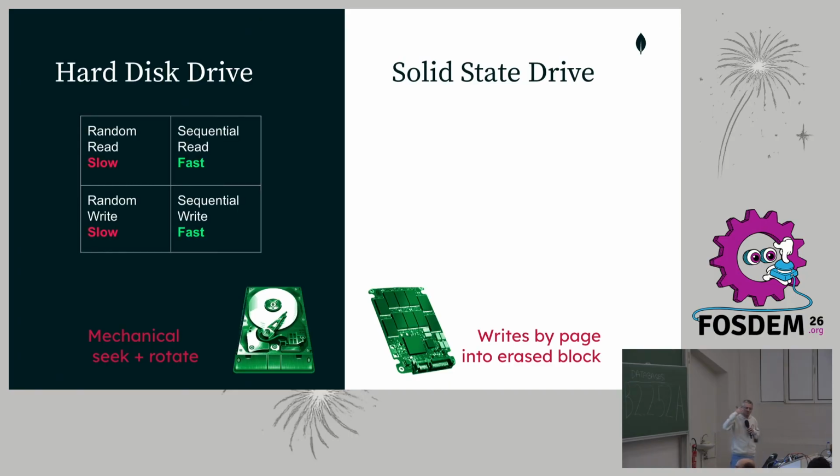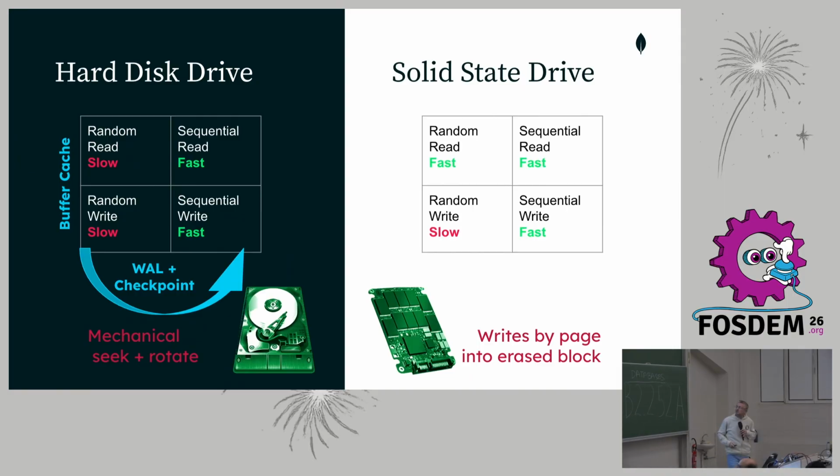Something also to keep in mind about the storage. So the mechanical disks used to be slow for everything random, reads and writes. This is why we try to do as much as possible in memory, because the random access is faster, and to do things more sequential when writing to WAL or at checkpoint.